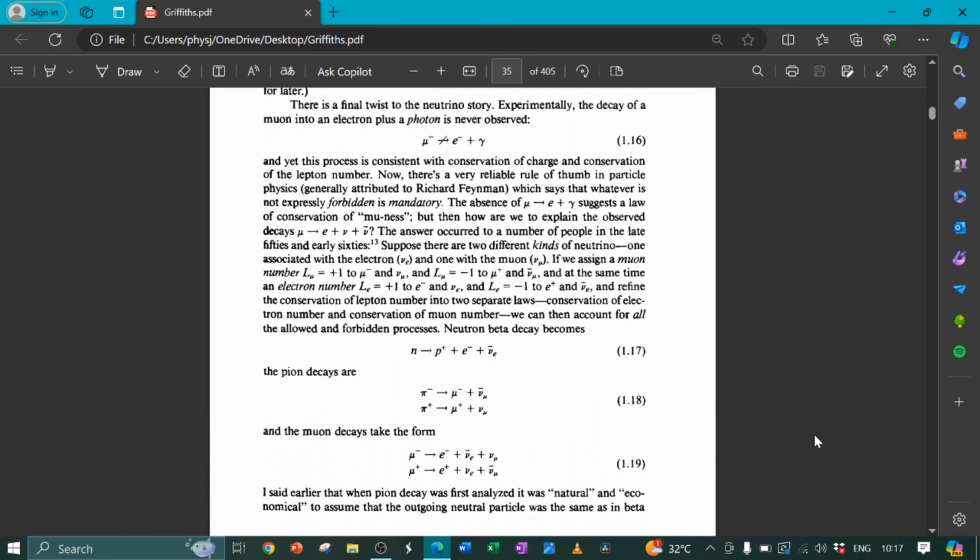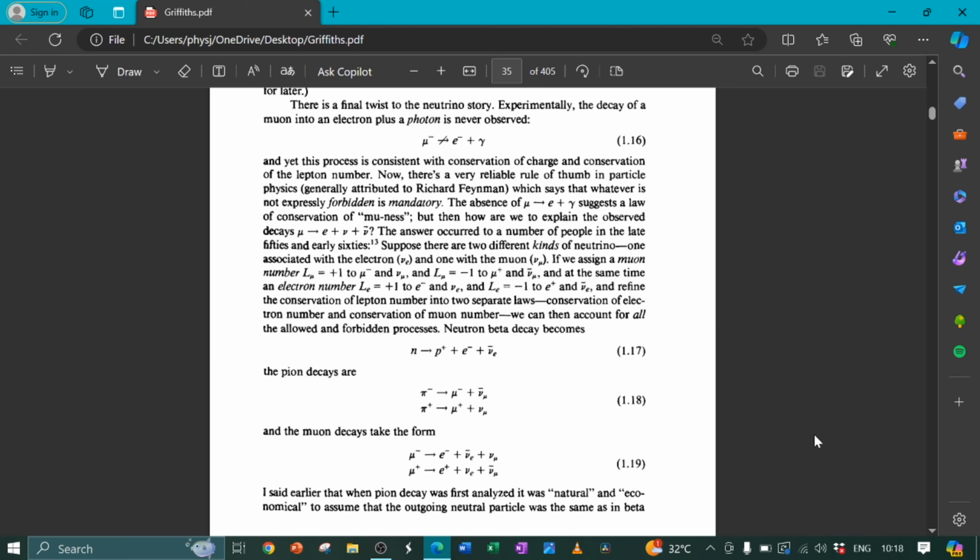The absence of muon goes to electron plus photon suggests a law of conservation of mu-ness. But then how are we to explain the observed decays, muon goes to electron plus neutrino plus antineutrino?